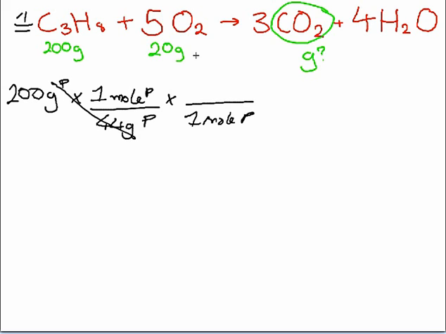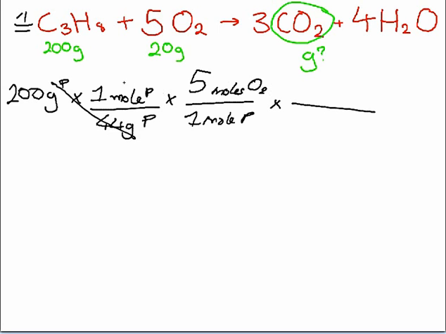And then how many moles of oxygen gas do we have? We have 5. Okay, so we have 5 moles of O2. And then we need to convert the moles to grams.